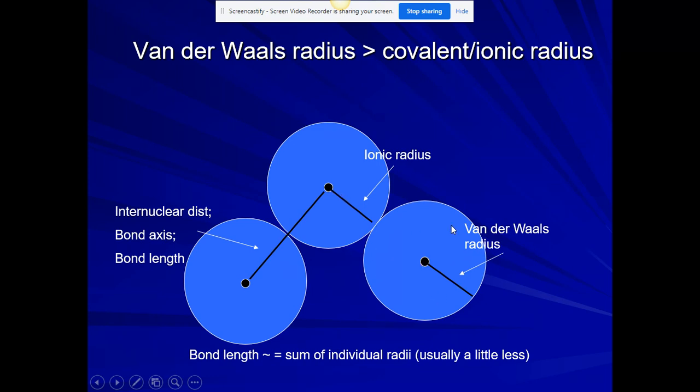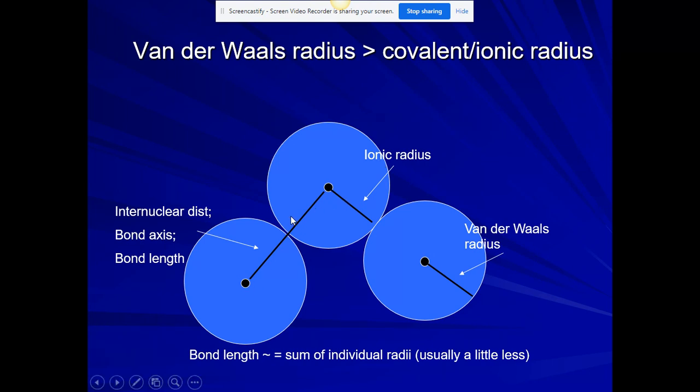If this is my anion, compared to the stable atom, it's going to gain electrons, so it's going to get a little bit bigger. So for the ionic radius, we have to ask what the actual type of ion is. Is it a cation or an anion? And we can go from there.